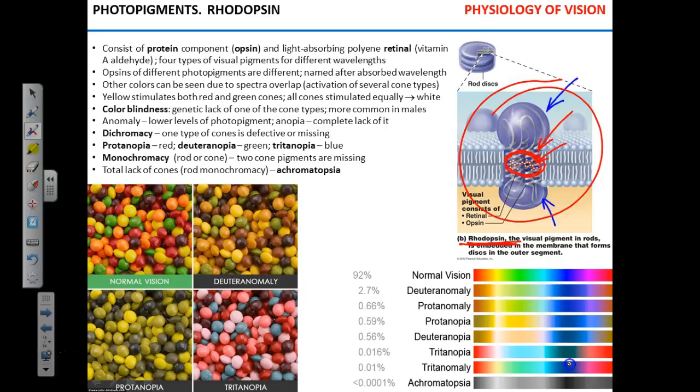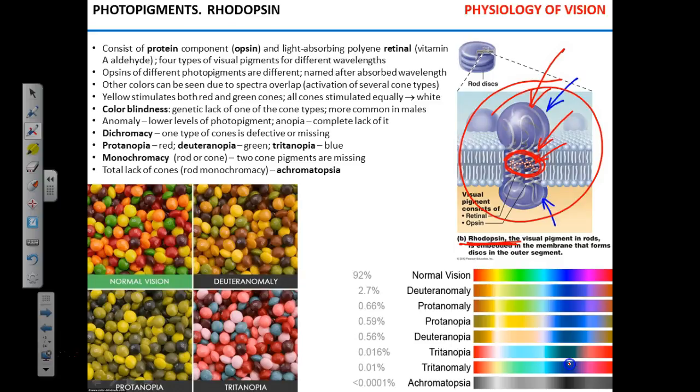So far, are you with me? Opsin, retinol, all that kind of stuff. Different opsins, different proteins, are different for different photopigments. Opsin for rods is going to be one. Opsin for red cones, another. Green cones, another. Blue cones, another.